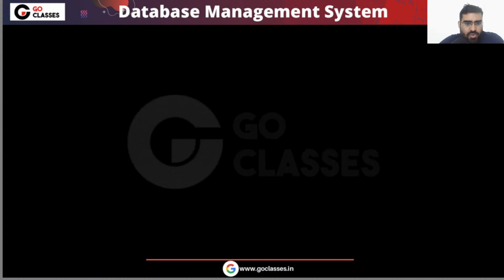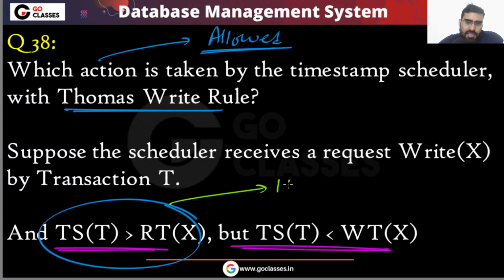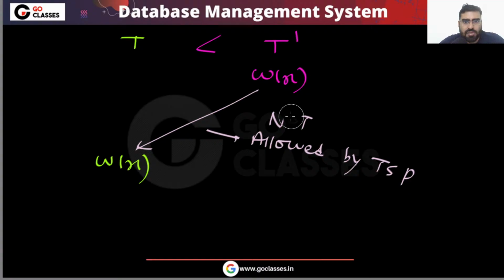The action will be taken is allowed, because there is no problem with the read operation. No read-write issue, but the issue is write-write. So this is allowed by Thomas Write rule.